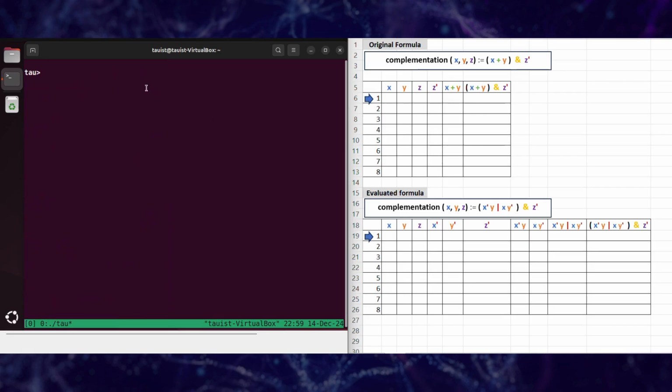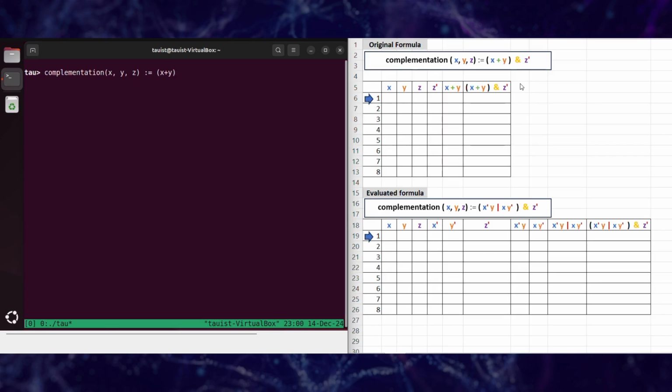Here I'll write implementation and then the name of the function, and then variables used, x, y, and z. And then x plus y.